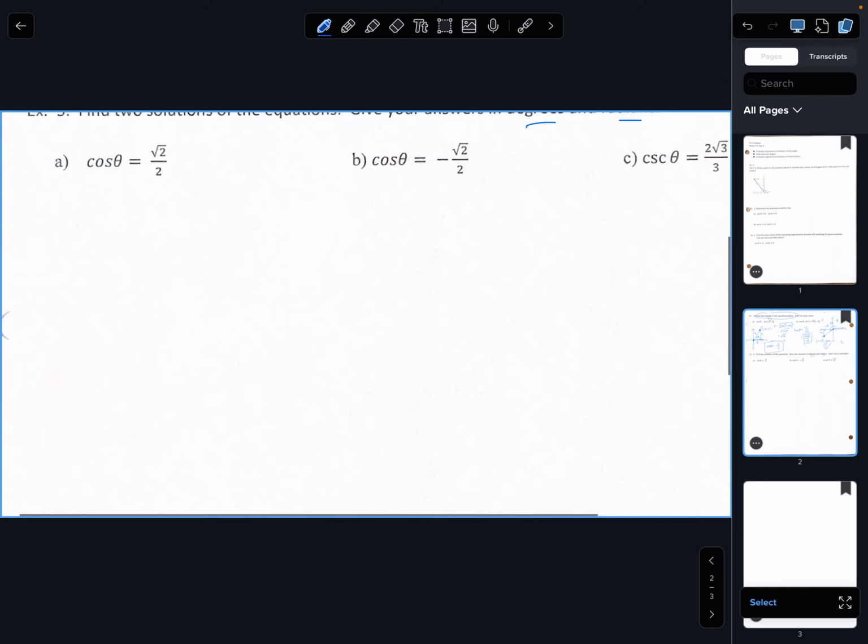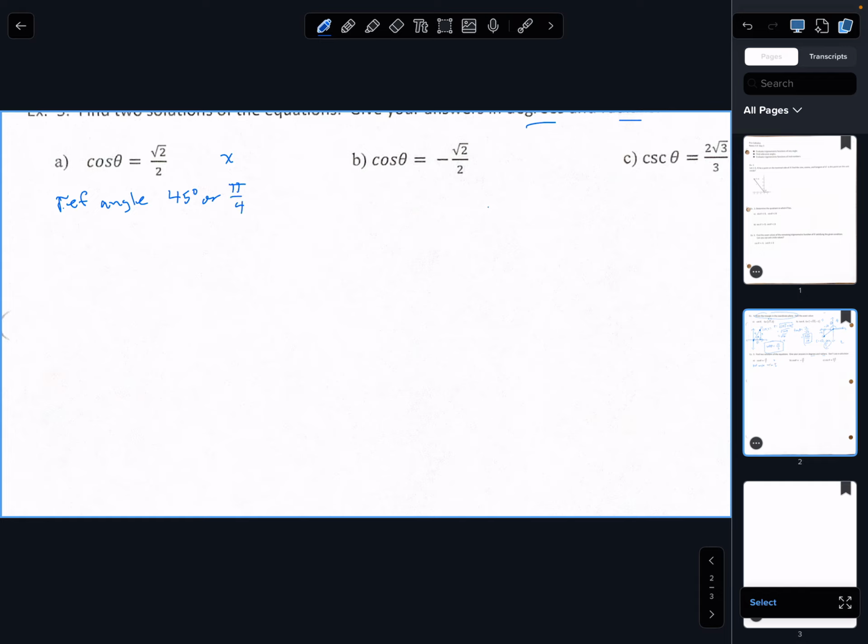This is where cosine on the unit circle is your x value. And you should know that your reference angle, when you're getting an output of root 2 over 2, is 45 degrees or pi fourths.